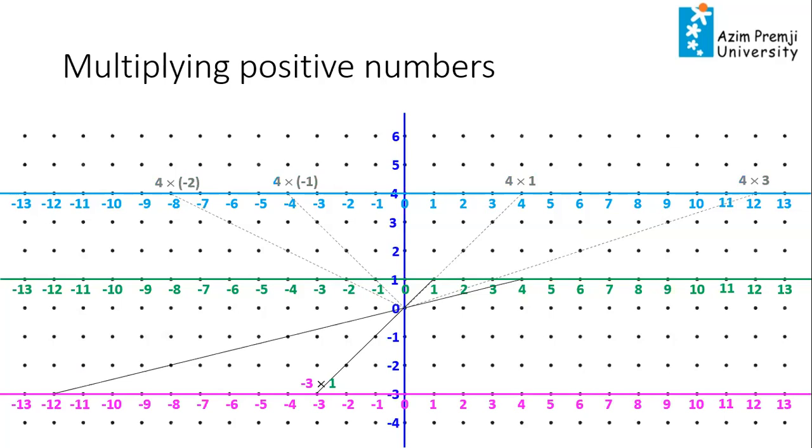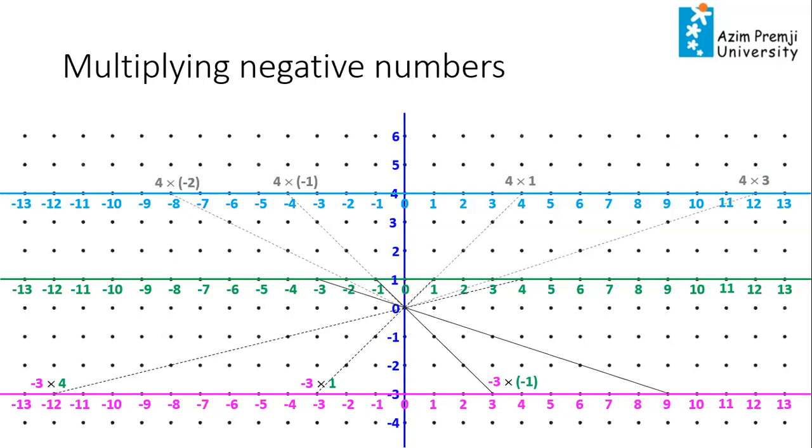And what happens if we multiply negative numbers? They also switch over to the positive side, right? So when you are multiplying with a negative number, it changes sign. That comes out pretty clearly from this.